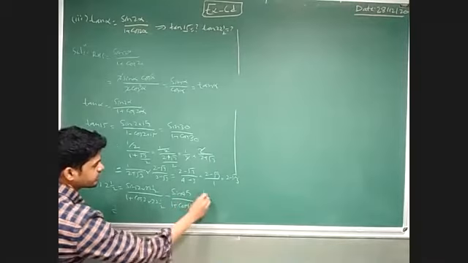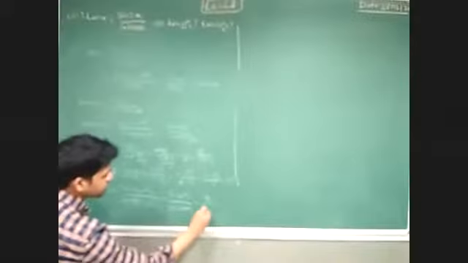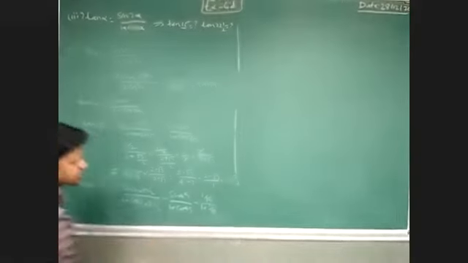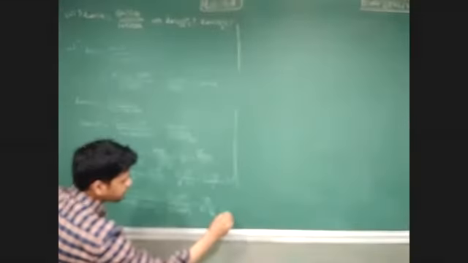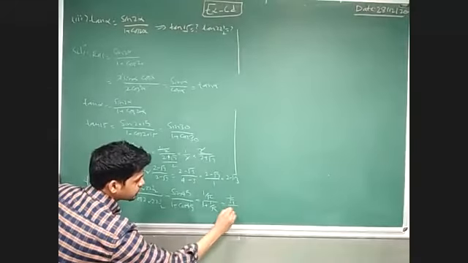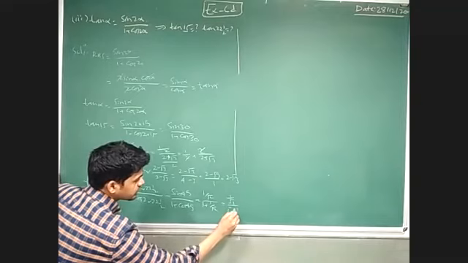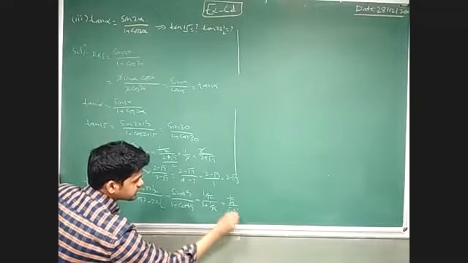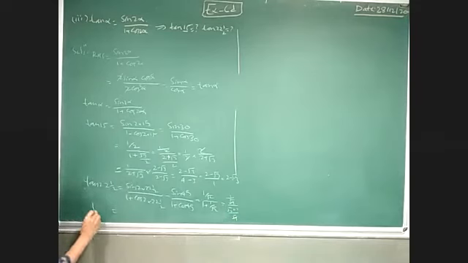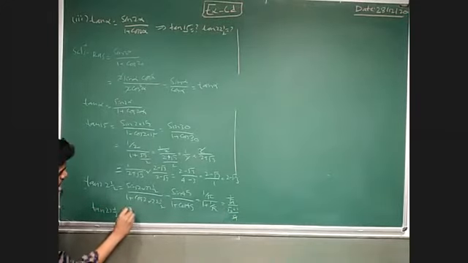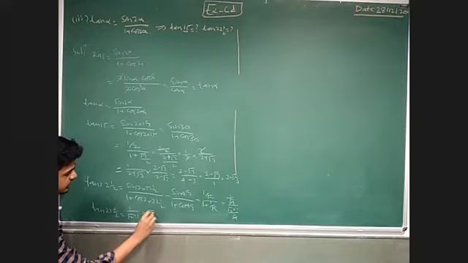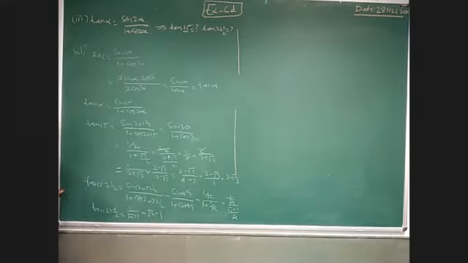Sin 45 is nothing but 1 by root 2 and 1 plus 1 by root 2. Then you will have 1 by root 2 over root 2 plus 1 by root 2. So these will cancel. So here you will have tan 22 and a half is nothing but 1 by 1 plus root 2, then it can be root 2 minus 1.